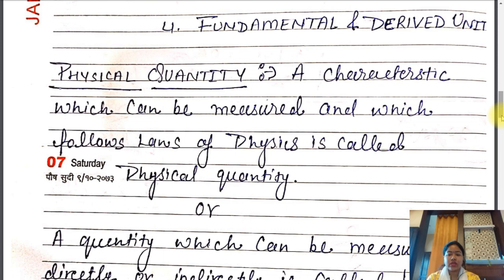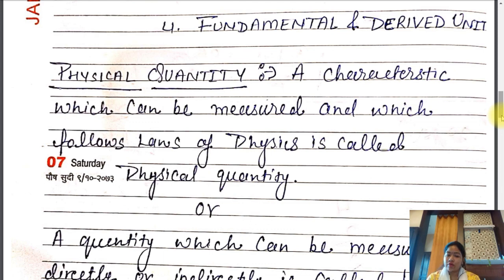In that condition, we use different indirect methods, such as the height and distance method, the radar system, and the sonar system. We have different indirect methods to calculate different distances and many more quantities.